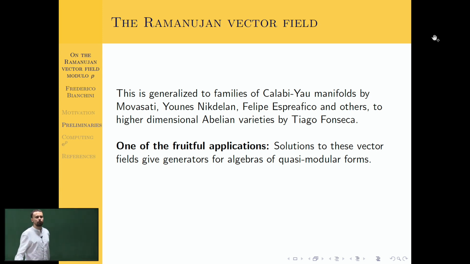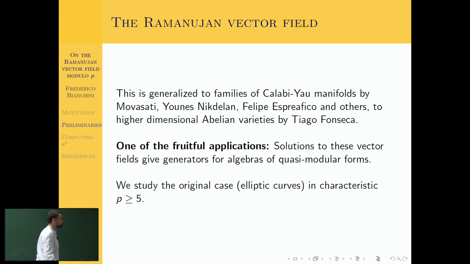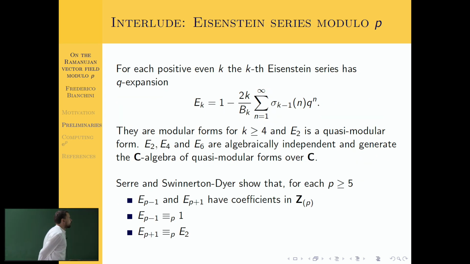As in the case of the Ramanujan system, we studied the original case for elliptic curves in characteristic p greater or equal than 5, so we are not considering the case 2 and 3. For this purpose, we have to go through some congruences that exist between Eisenstein series.